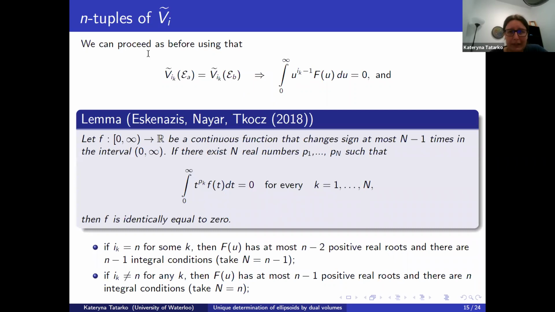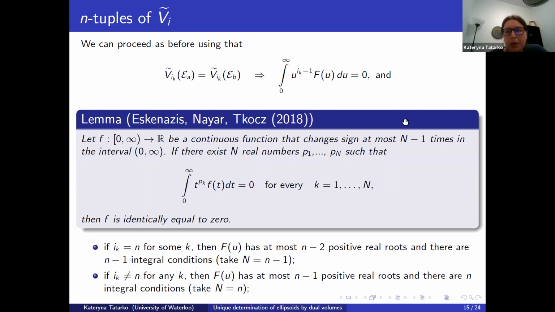We have our n conditions, and we can rewrite them in this integral form. The only difference here is that now the powers of u are not necessarily integers, because our indices are not necessarily integers anymore. But if we are able to conclude that the function F capital is identically equal to 0, then we can proceed as before.